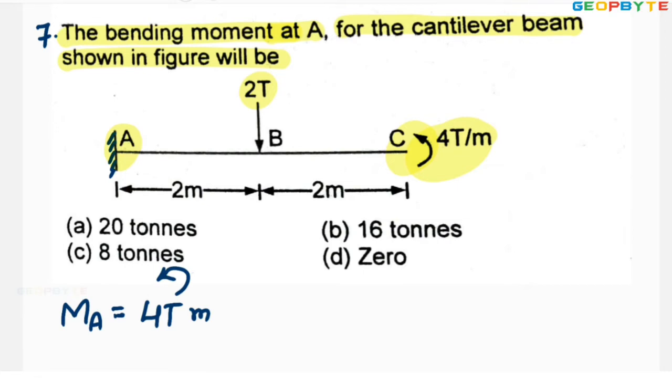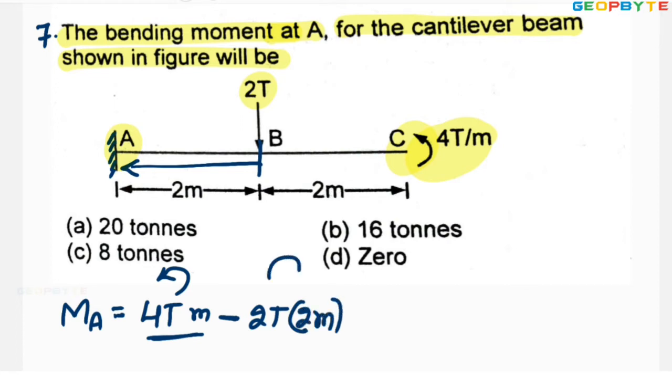If I take the anti-clockwise moment positive, I should take the clockwise moment negative. Then the bending moment due to 2 tons is 2 tons multiplied by distance up to A, because we are finding the bending moment at A, minus, that is developing the clockwise moment, 2 t into 2 meters.